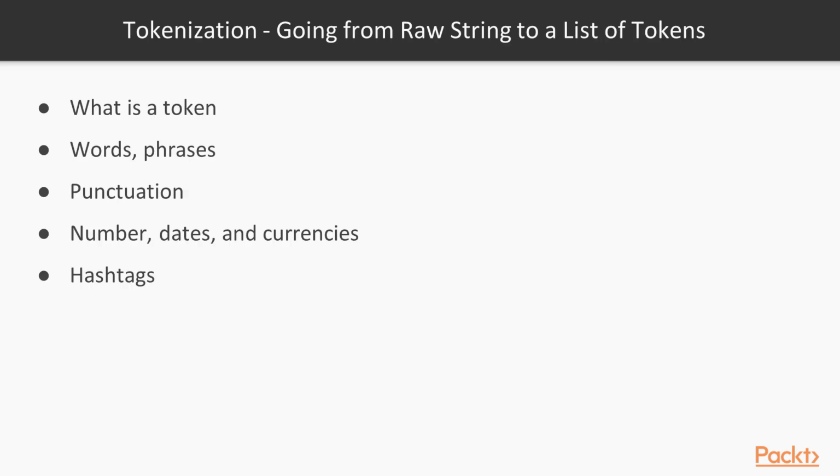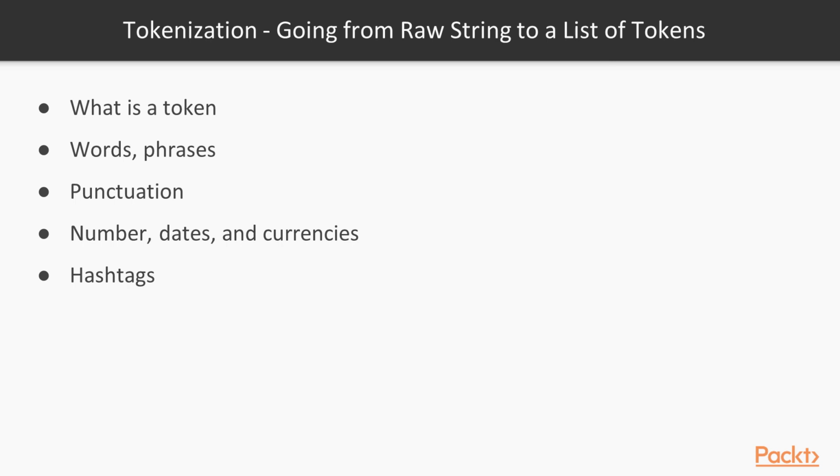So as a broad definition, tokenization means breaking a raw string down into a list of tokens, but now the question really is what constitutes a token? It's quite straightforward to think in terms of single words, but then how about phrases? Sometimes concepts are described using more than a single word, and when breaking things down, we quickly see that there are also many types of tokens that could require special treatment depending on the application, so it's important to be aware of that.